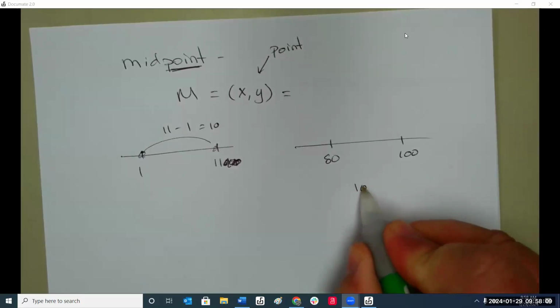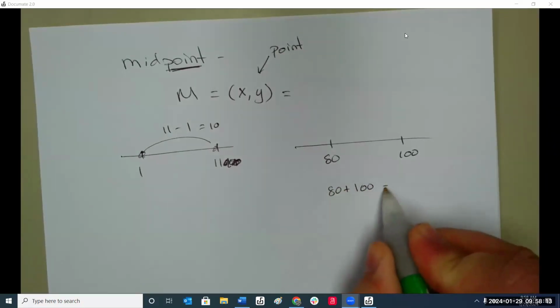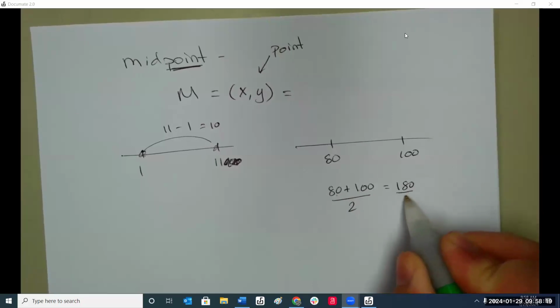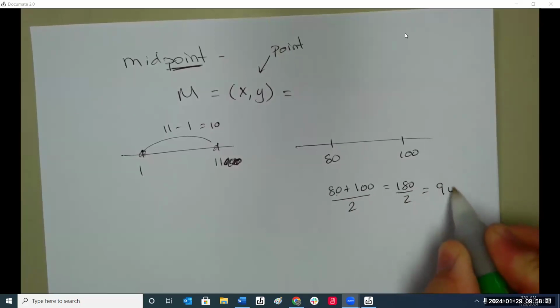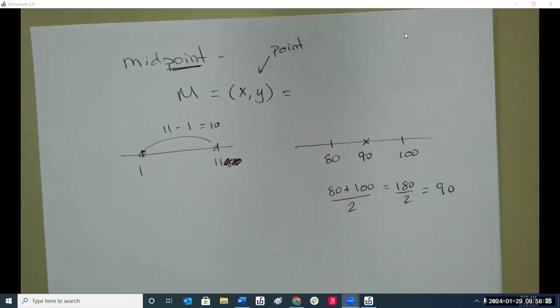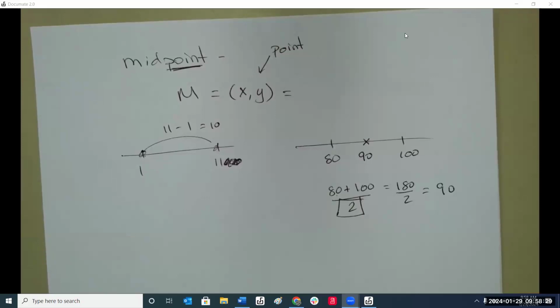Right. So we have 80 plus 100, which equals 180. The reason we divide by 2 is because we have 2 grades. So 90 is the number that's halfway. Half means divide by 2, doesn't it?